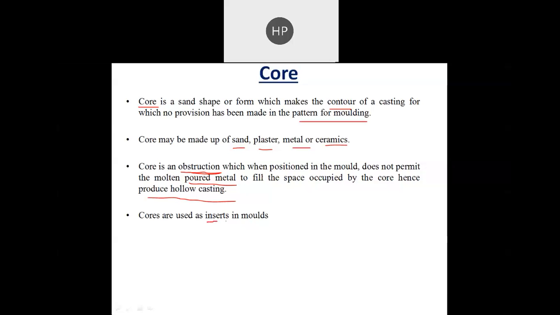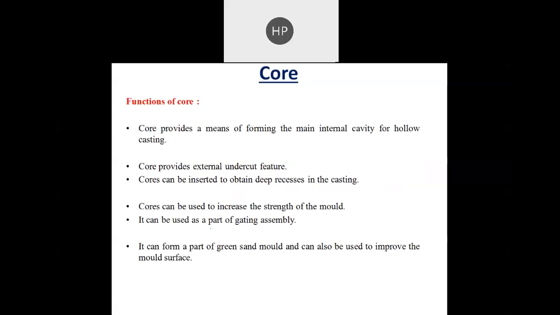It is inserted externally in place of the pattern, or where there is some gap, the core will be fixed. We have to provide a core seat in that mold, and it will be inserted in that mold.